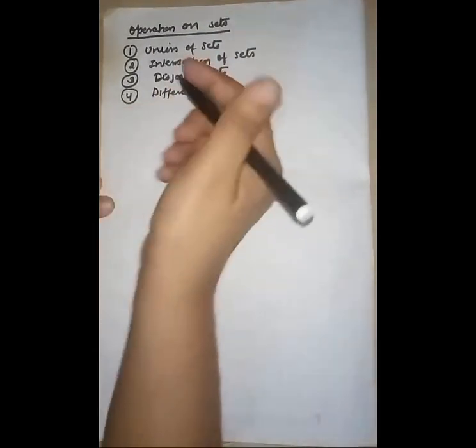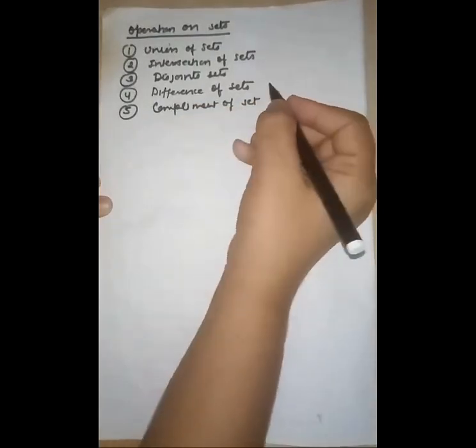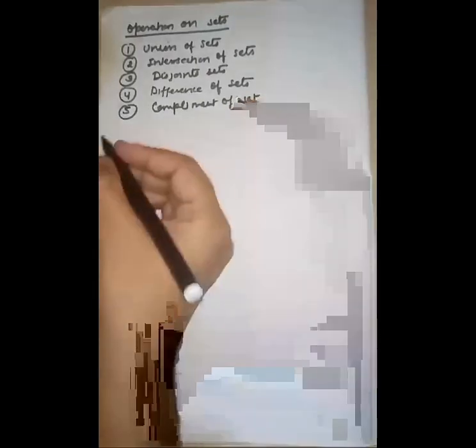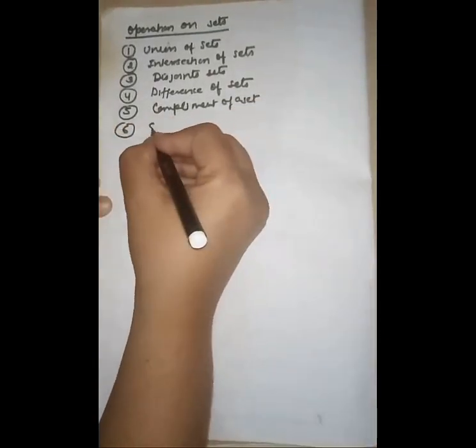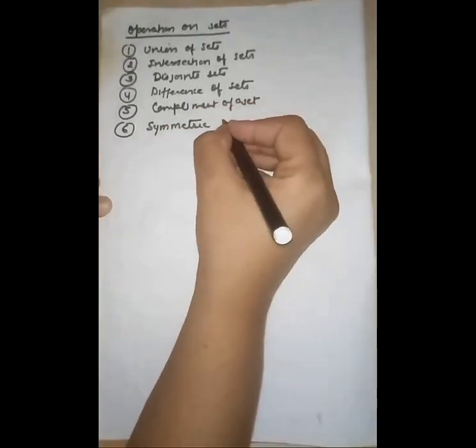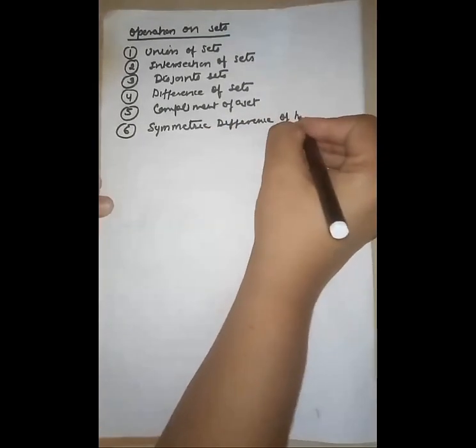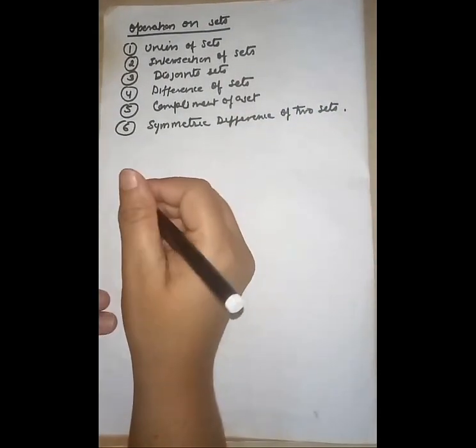Fifth one, complement of a set. And sixth one is symmetric difference of two sets. So these are all the operations on sets.